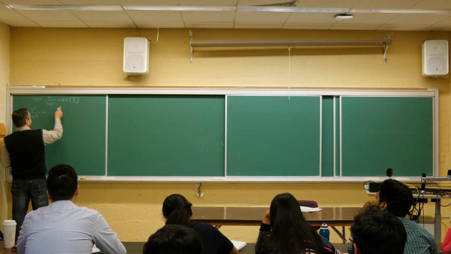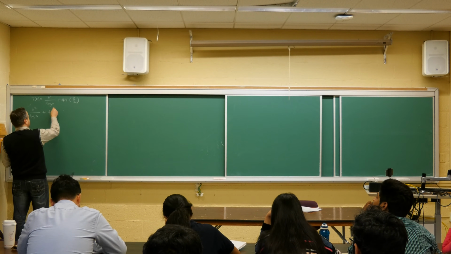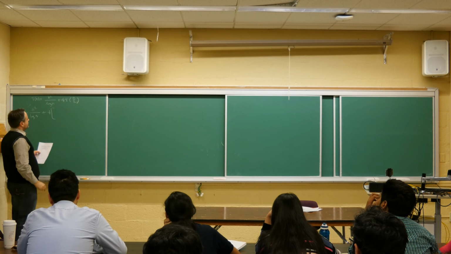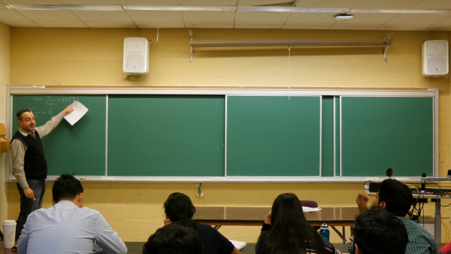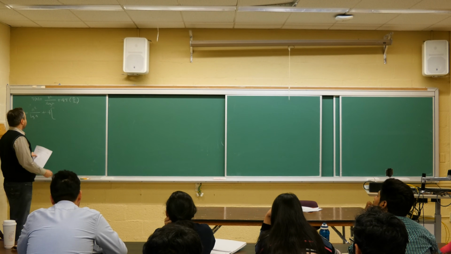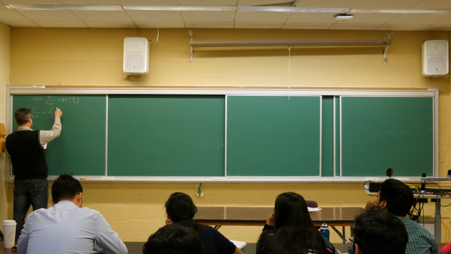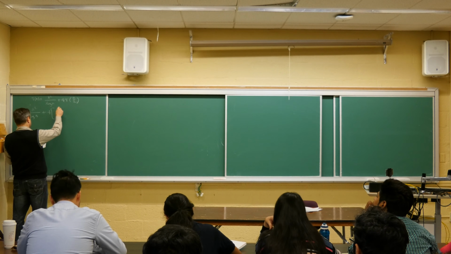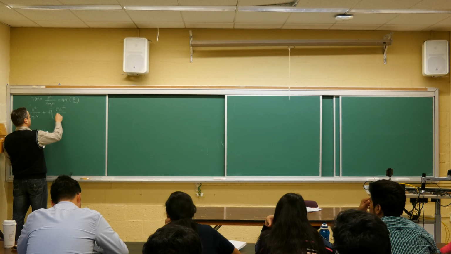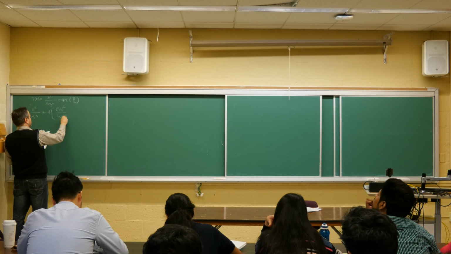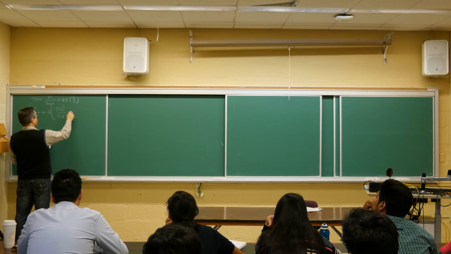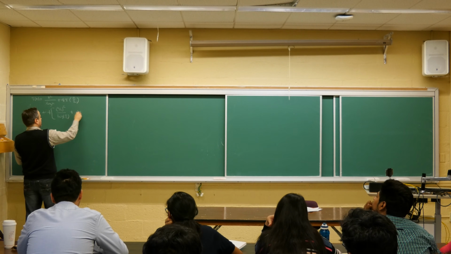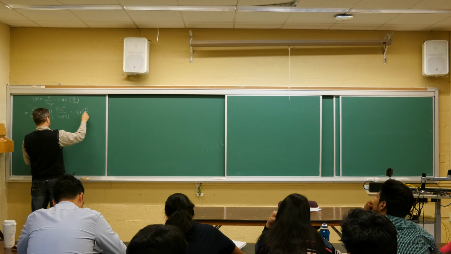I'm applying now the recurrence in here. So that's a 4. What is the recurrence for T of n by 2? It's n by 2 squared, divided by log of n by 2, plus 4 T of n by 4.